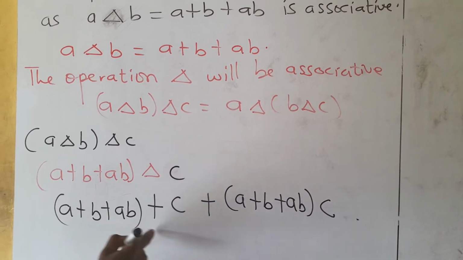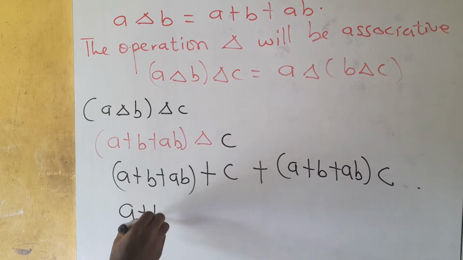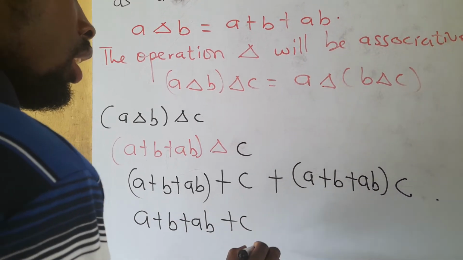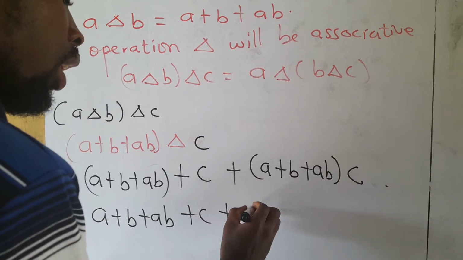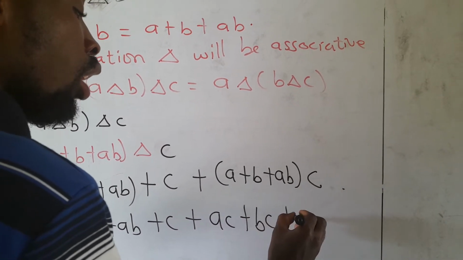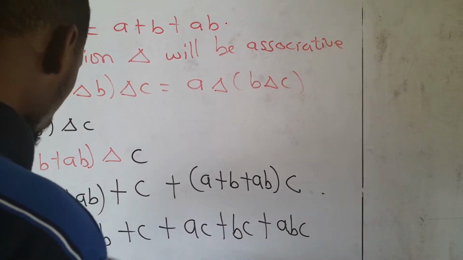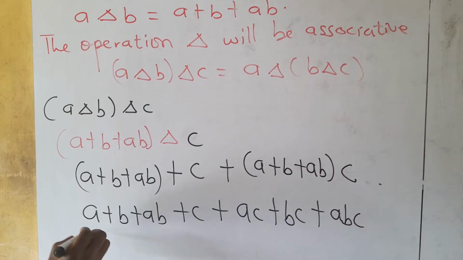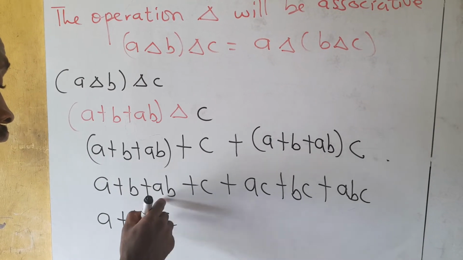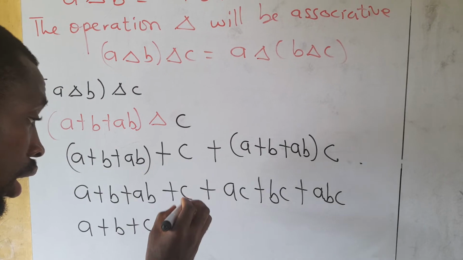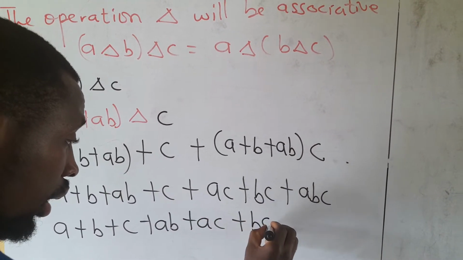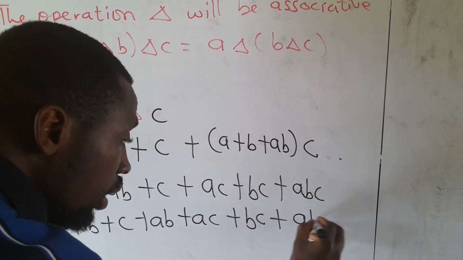So when we expand this, you get A plus B plus AB plus C, then plus this will multiply this: AC plus BC, then plus ABC. When we rearrange it, we get A plus B plus C plus AB plus AC plus BC, then plus ABC.